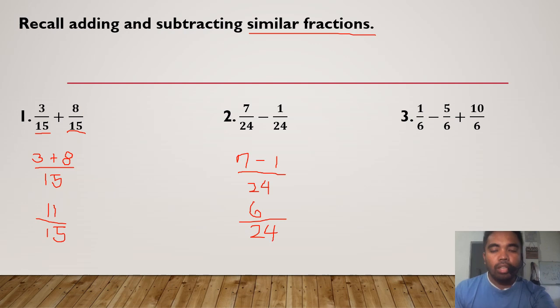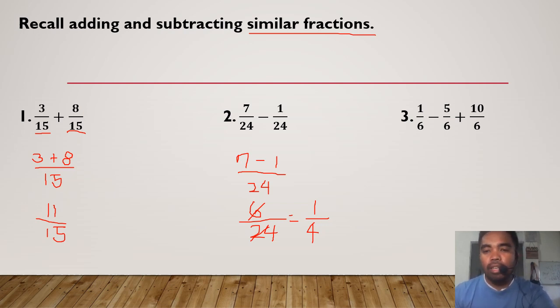Since 6 and 24 can be reduced to lowest terms, we divide by 6: 6 divided by 6 is 1, and 24 divided by 6 is 4. So 7 over 24 minus 1 over 24 is equal to 1 over 4.